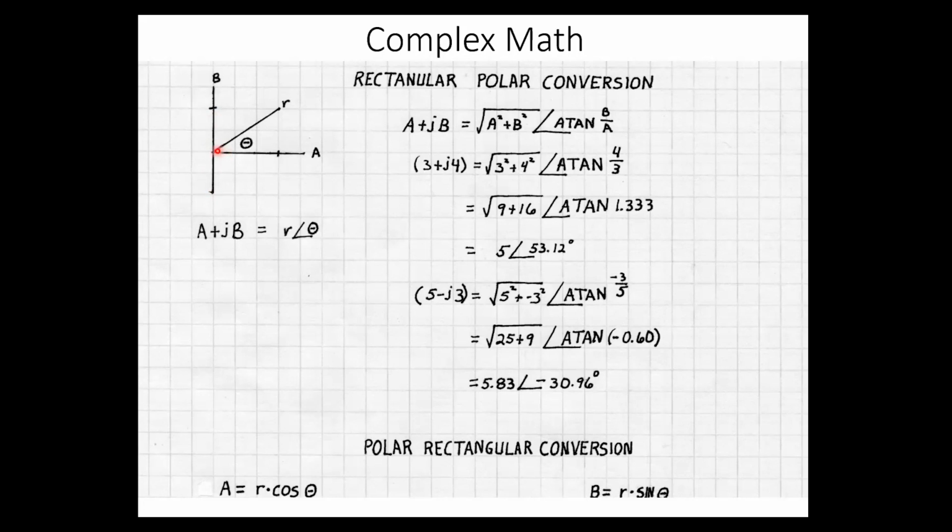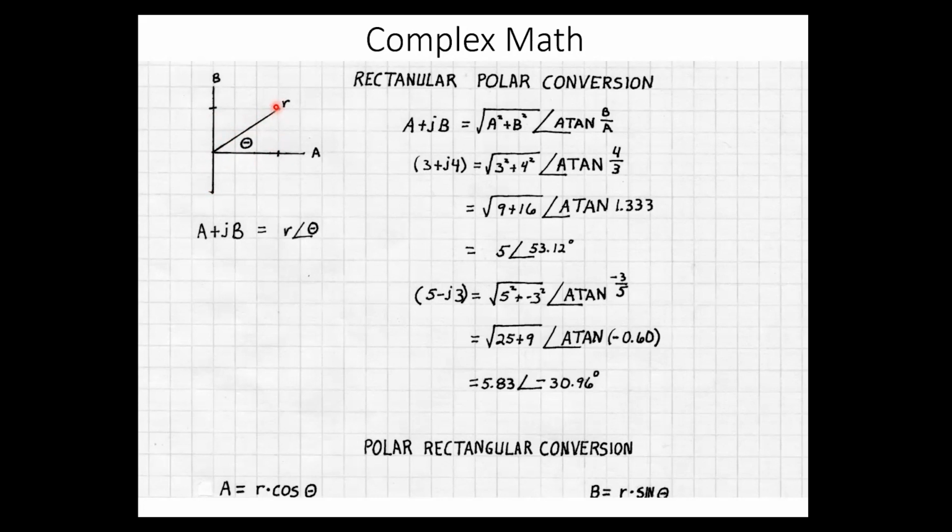A phasor basically takes, in this case, I've got 3 plus j2. Can you see that clearly on the screen? 3 plus j2. The hypotenuse of this right triangle represents the magnitude of my phasor.